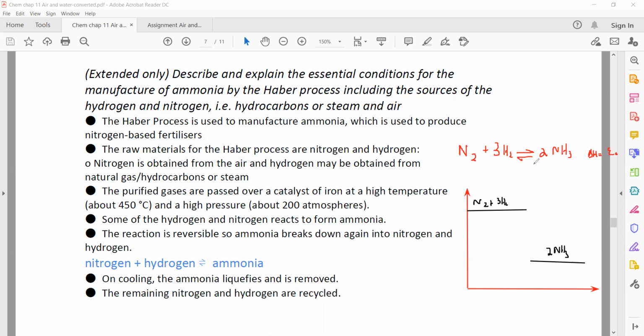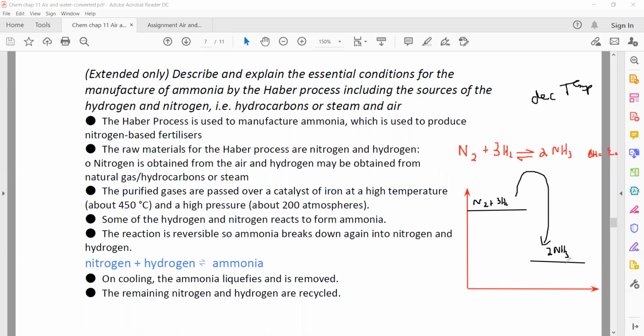So to get more ammonia, what conditions are favorable? High pressure, and we should decrease the temperature. Why decrease the temperature? Because the product has low energy, so we decrease the temperature for better yield.